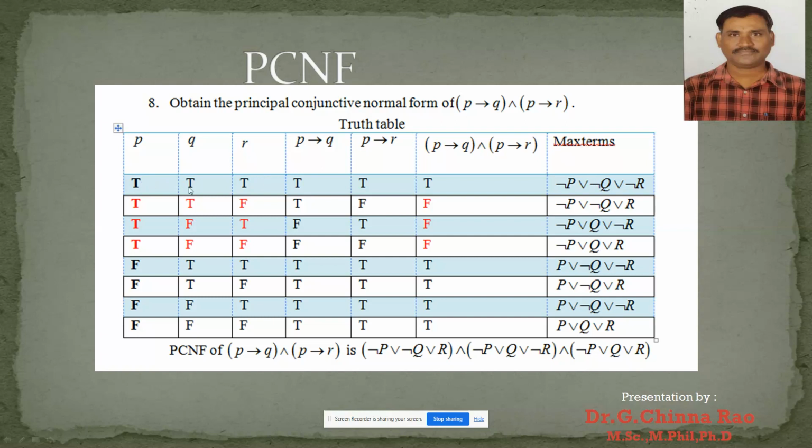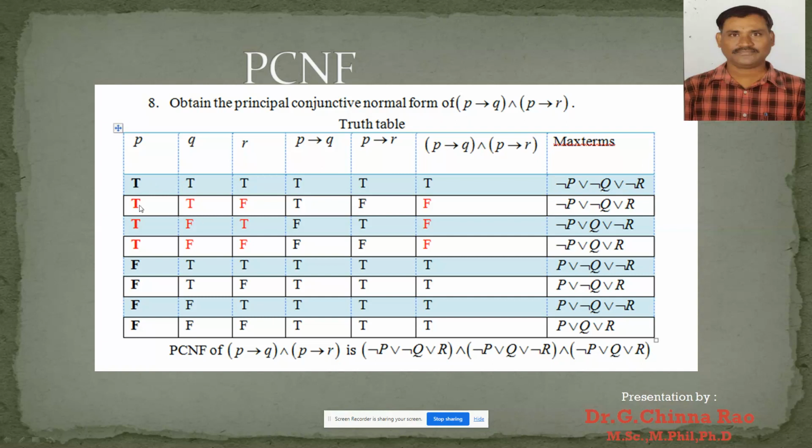So P or Q or R is false when P is false, Q is false, R is false. So to get their disjunction false, you have to make negations: negation P or negation Q or negation R.